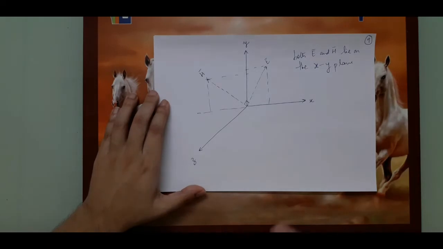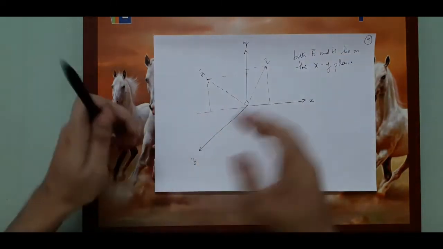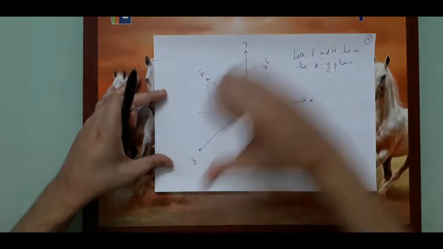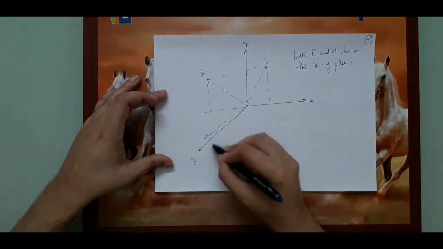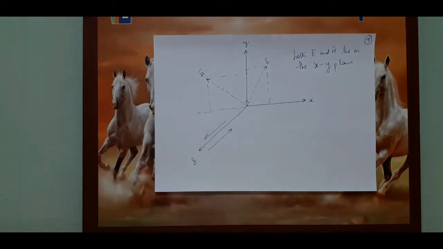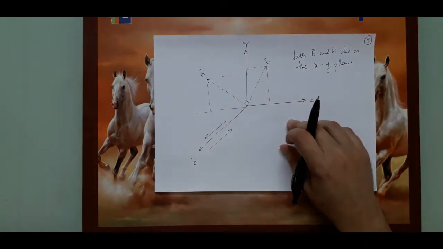So even then, if I now take the cross product of E and H, my thumb will still point to Z. So I can still say that the direction of propagation can be either here or here, but along the Z direction. So this is something which is very interesting to note. In general, the fields can be like this.